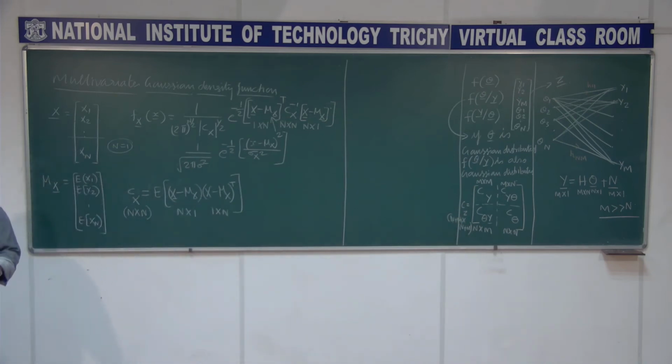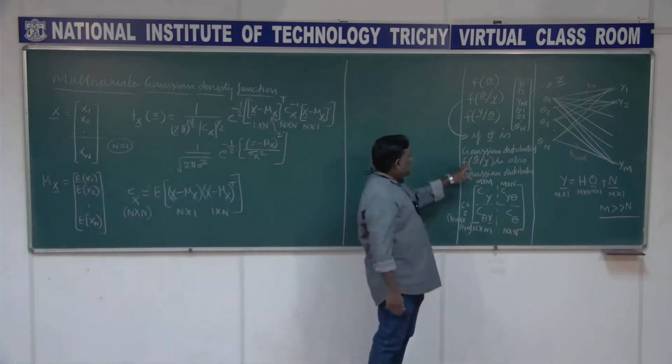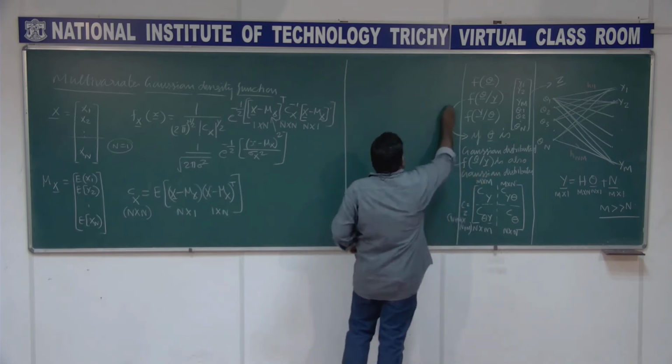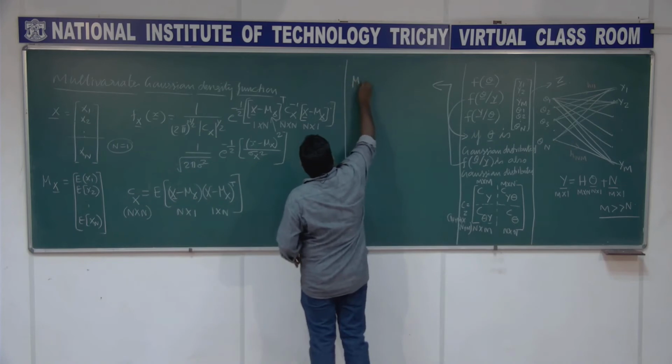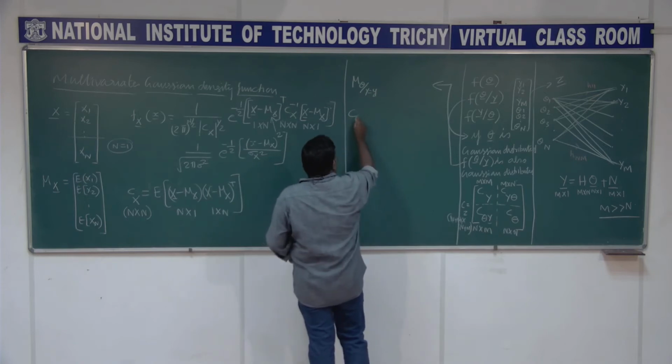So if this is the case, f of theta given y is Gaussian. The moment it is Gaussian, it is described by a mean vector and a covariance matrix.